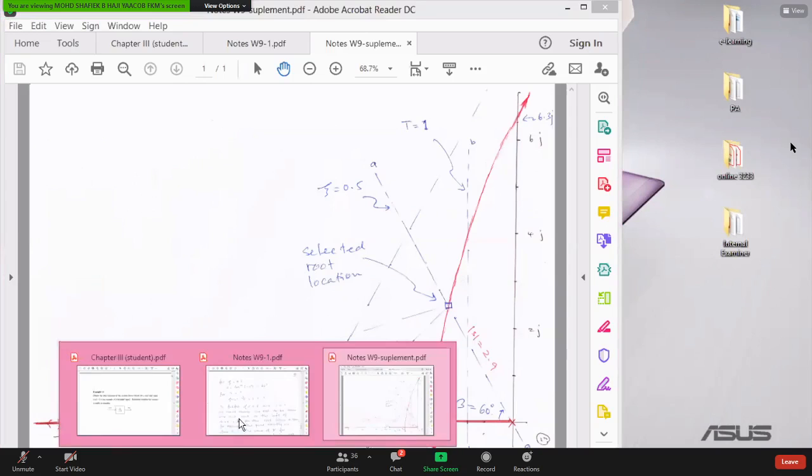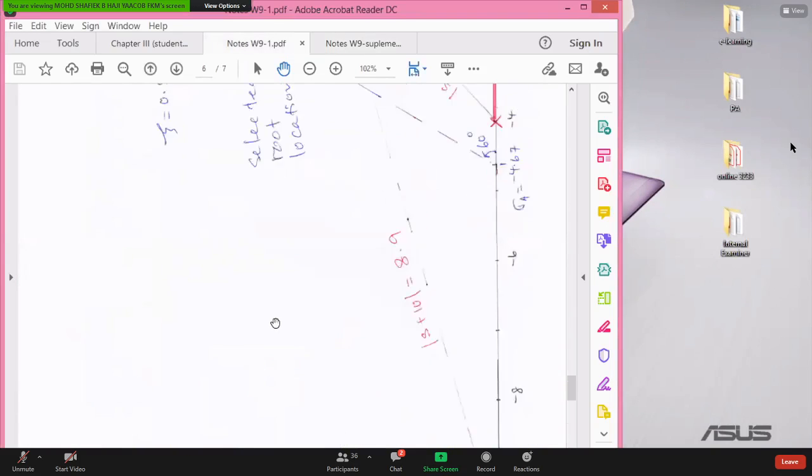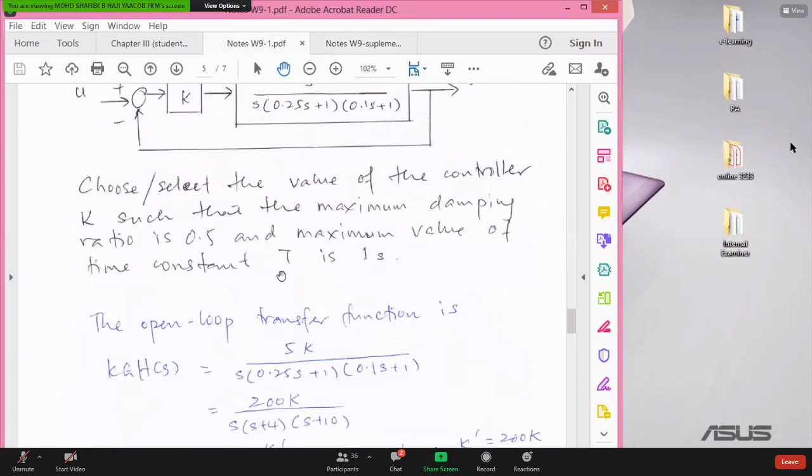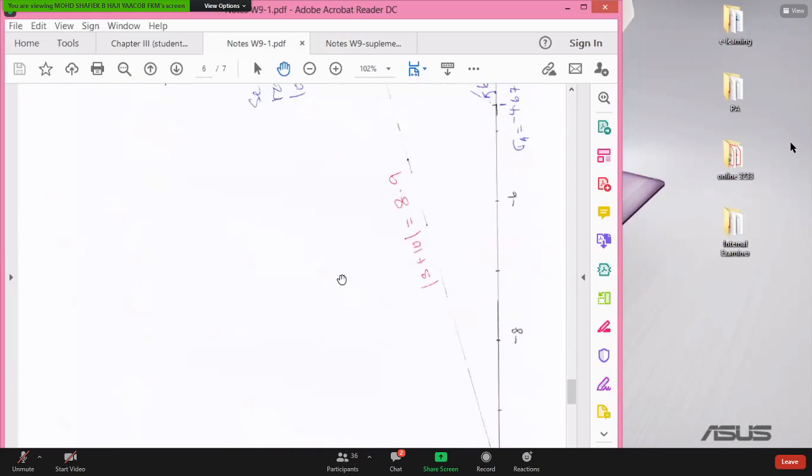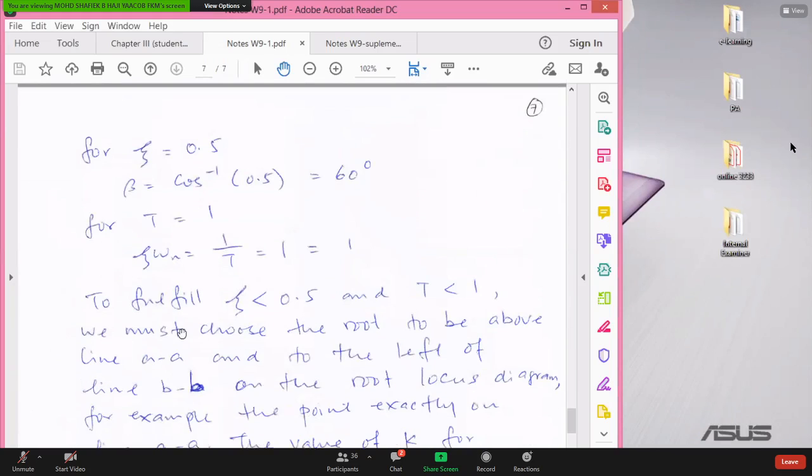So that is the first specification. The second specification is that the time constant should not exceed 1 second. So 1 over the time constant is going to give you the real part of your roots. From the second specification, for time constant equal to 1 second, zeta omega is 1 over the time constant, so 1 over 1, you get 1.